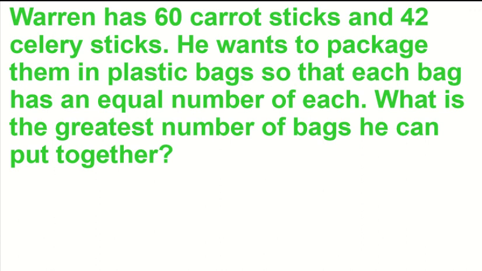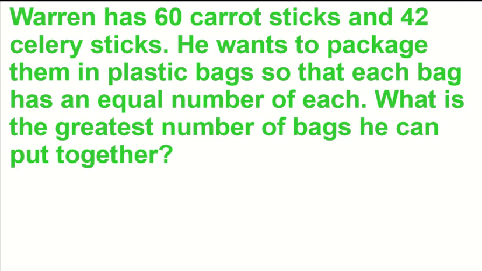That's not saying there's the same amount of carrots and the same amount of celery in each bag, okay? That's saying each bag has the same amount of carrots, each bag has the same amount of celery. In the individual bag, you could have possibly more carrots than celery. That makes sense? It wants an equal number in each bag of each type.